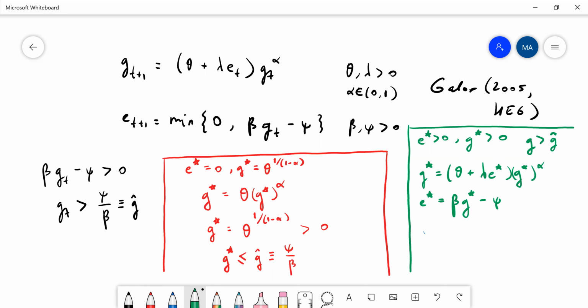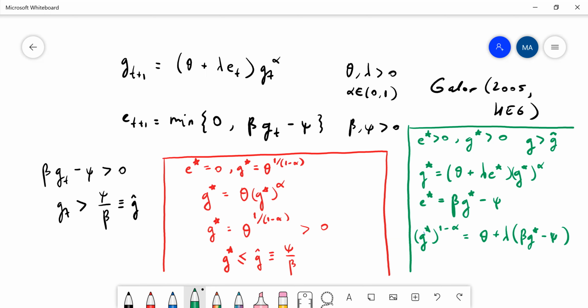If you solve it, okay, I didn't find the, okay, so here's the idea. So here you have G star to the 1 minus alpha equals theta lambda E star. Now for E star, you replace this, okay?